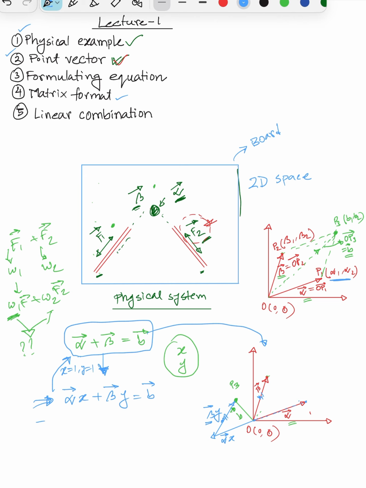So we can write this way: alpha 1, alpha 2, and we have the weightage, plus we can write beta 1, beta 2, y equal b1, b2. So this equation is the most important one.